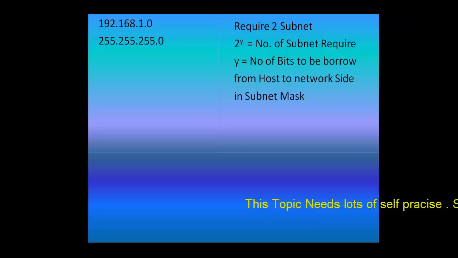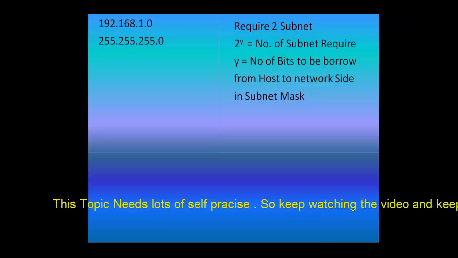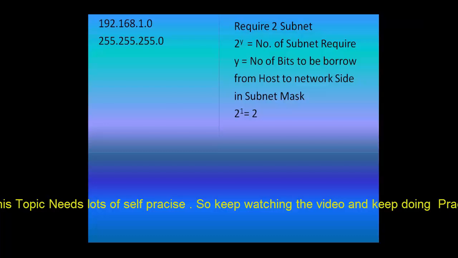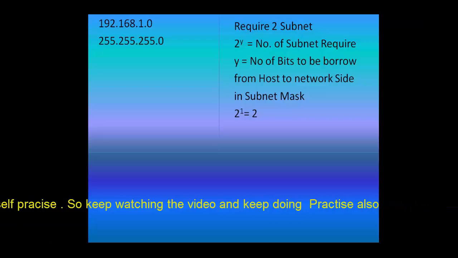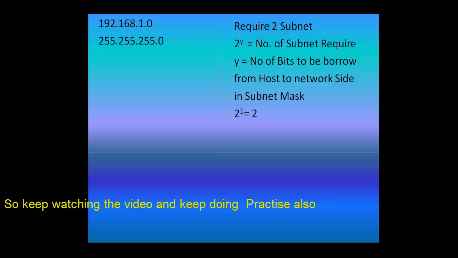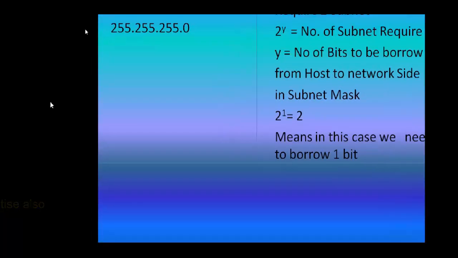What is y? It is the number of bits to be borrowed from the host side to the network side in a subnet mask. The IP remains the same, only the subnet mask we change. We have to remember many things that we have discussed previously.